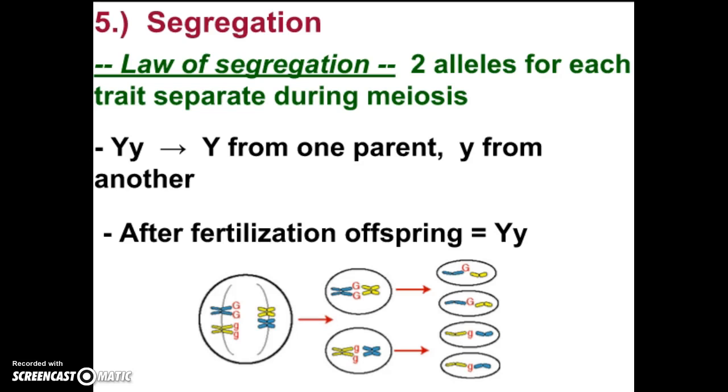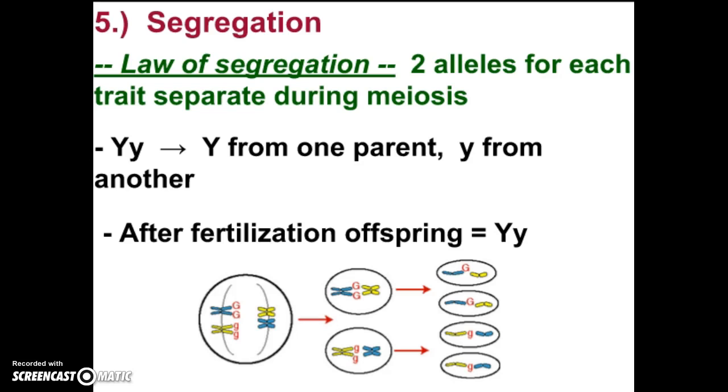He developed this law through simple visual observation, that these forms or factors that he was talking about, one must come from one parent and the other factor must come from the other parent. So two alleles for each trait will separate during meiosis, and we call that the law of segregation.